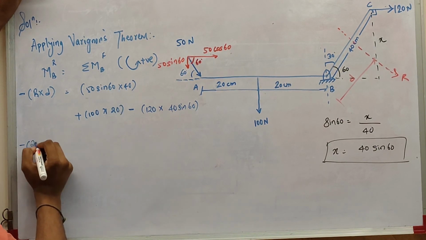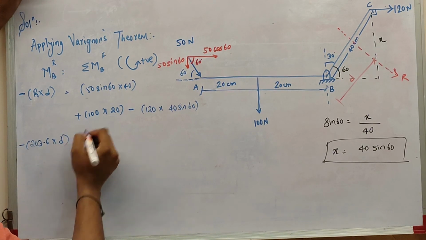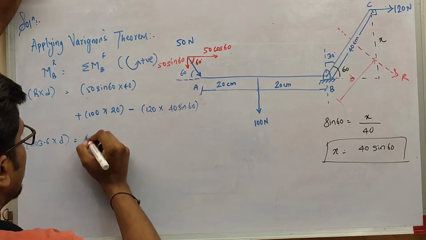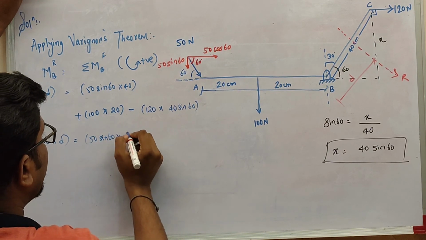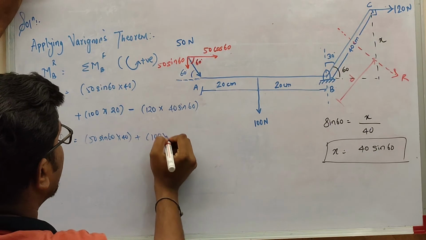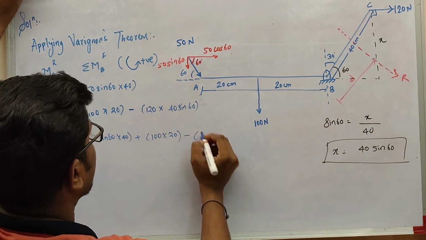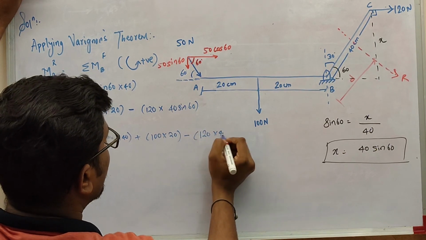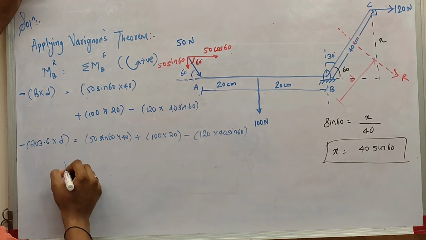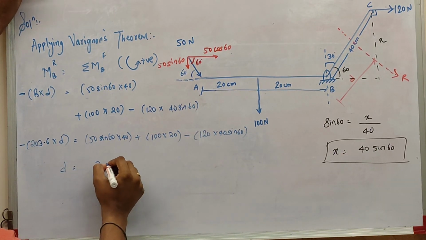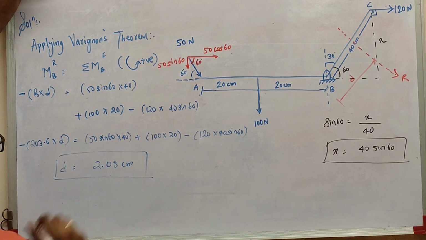My R value I got as 203.6 into the unknown distance D, and all the values you have to copy down: 50 sine 60 into 40 plus 100 into 20 minus 120 into 40 sine 60. When you calculate throughout on your calculator, you will get the value of something around 2.08 centimeters, and that too positive.